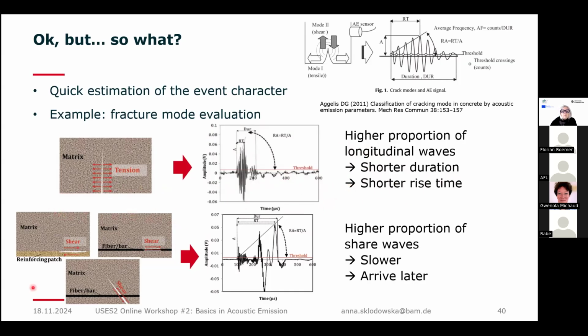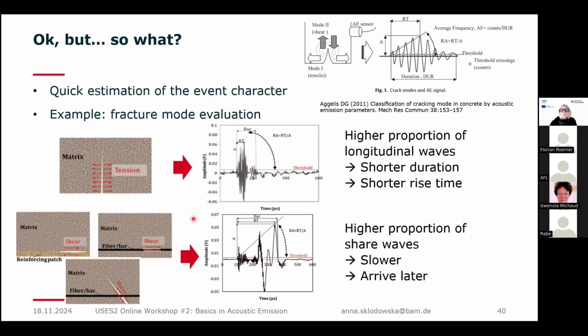This can be differentiated from the case of the shearing action, which is shown in the bottom part, and this means that the slides are moving parallel, but in opposite directions. So this is basically the definition of the shearing crack, and it's characterized by a higher proportion of shear waves, which are slower and arrive later.